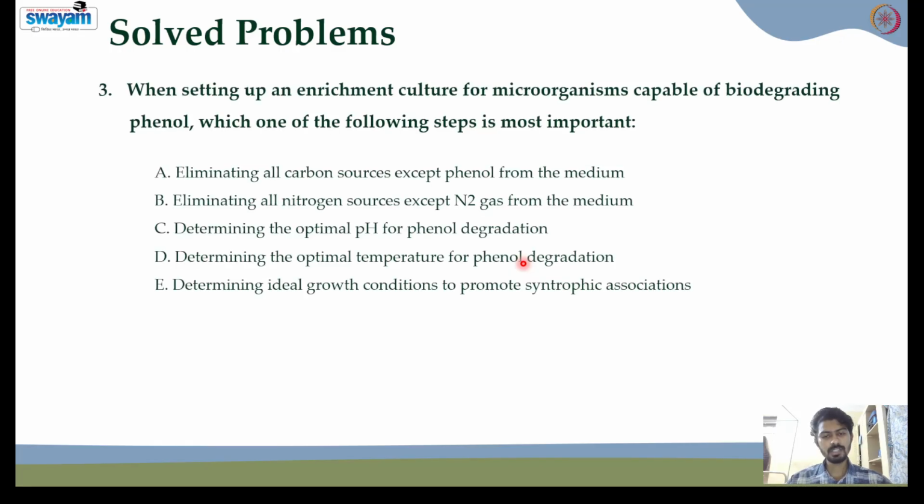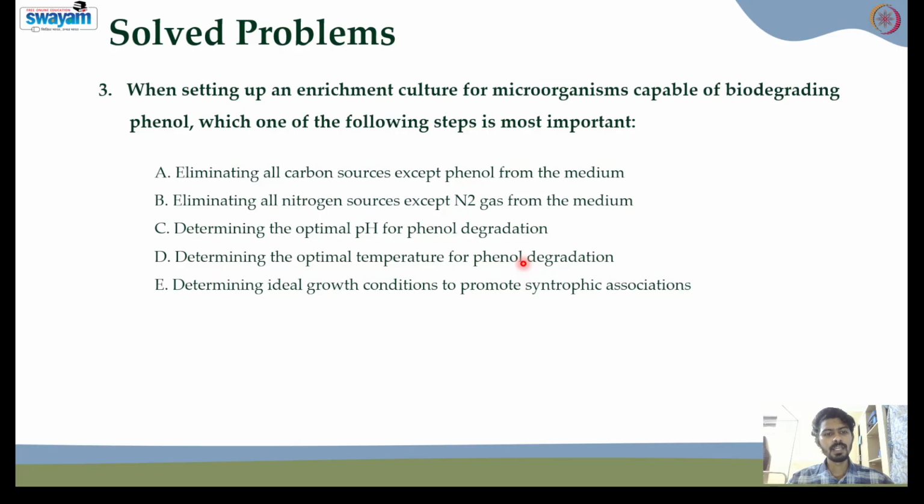So the next question is, when setting up an enrichment culture for microorganisms capable of biodegrading phenol, which one of the following steps is most important? So I will repeat the question. When setting up an enrichment culture for microorganisms capable of biodegrading phenol, which one of the following steps is most important?